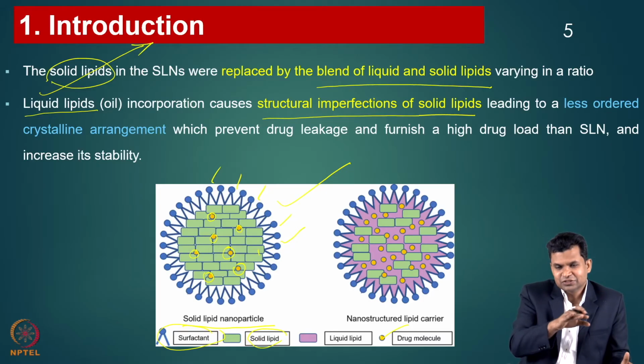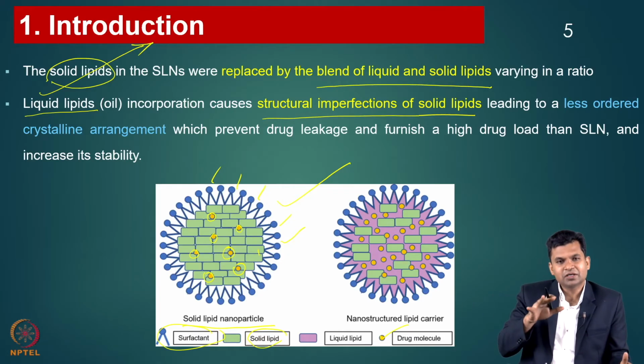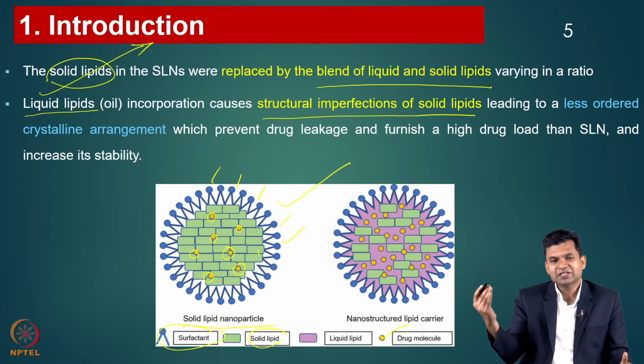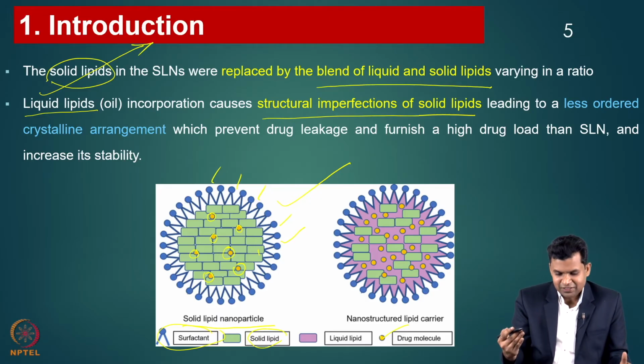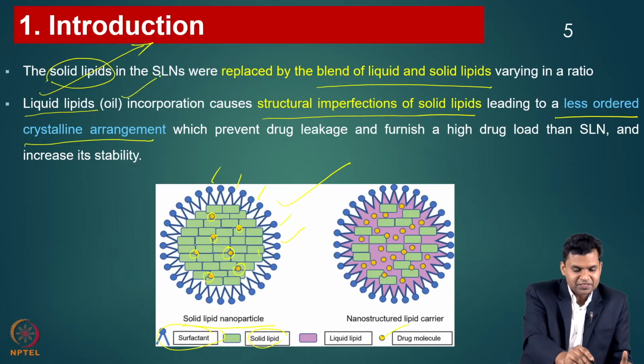There is no disarrangement, there is no imperfection because of solid lipids. They have the proper arrangement. It is a proper, ordered crystal arrangement in the structure. When you use a combination of liquid lipids as well as solid lipids, now we will see there is an imperfection, there is a change in the arrangement of the crystals. Now we will see these are less ordered crystalline arrangements because of the liquid.